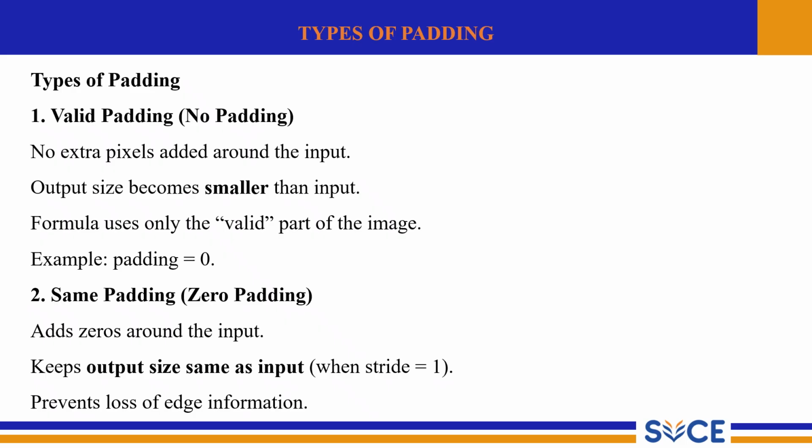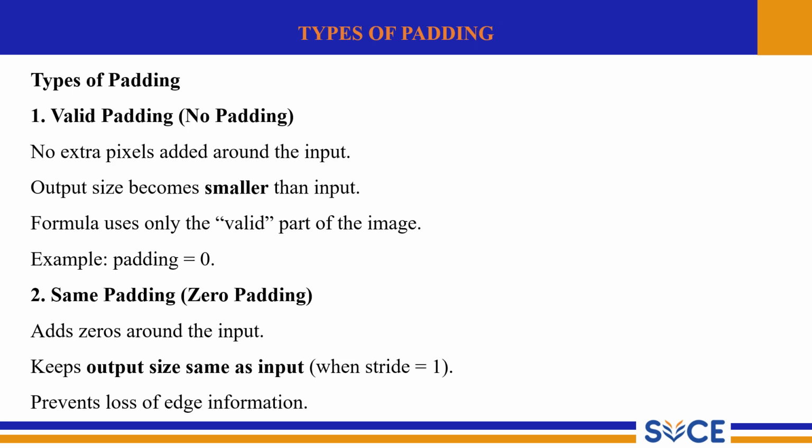The convolution filter is applied only to the regions where it fully fits within the image. Because of this, the output feature map becomes smaller than the input. Only the valid part of the image is considered during convolution. For example, when the padding value is 0, valid padding is used by default.